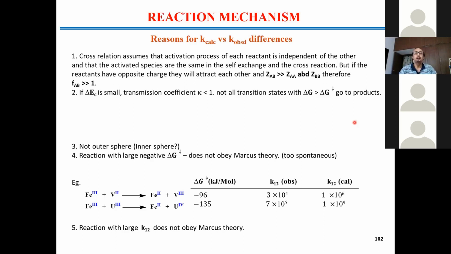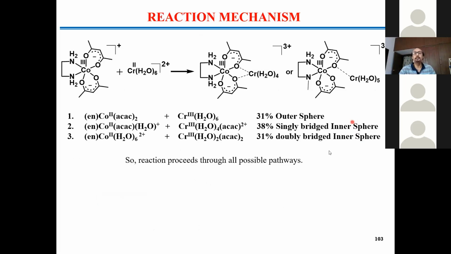Now, this is one of the examples I think I discussed last day, that this reaction one can think about in a simple outer sphere way also. That is not a problem, because this is not the usual way to form the bridge. This is the acetylacetonate, and normally acetylacetonate does not form any sort of bridge with the incoming groups.